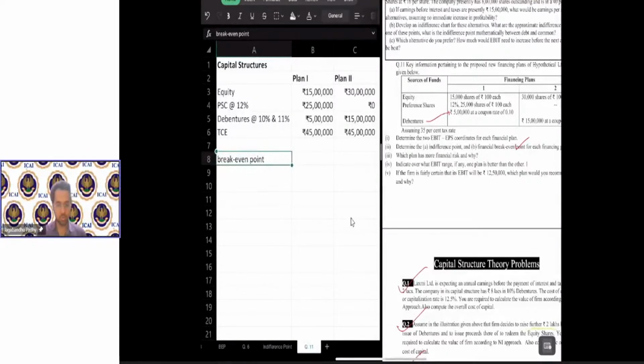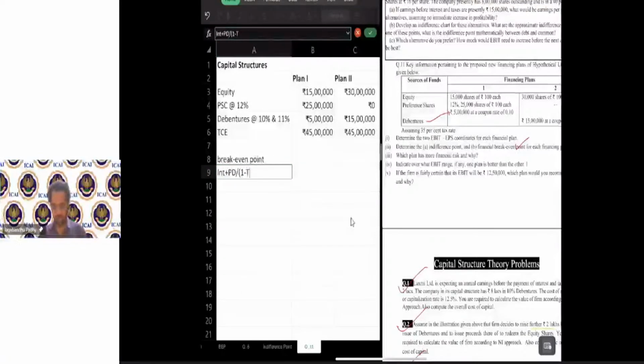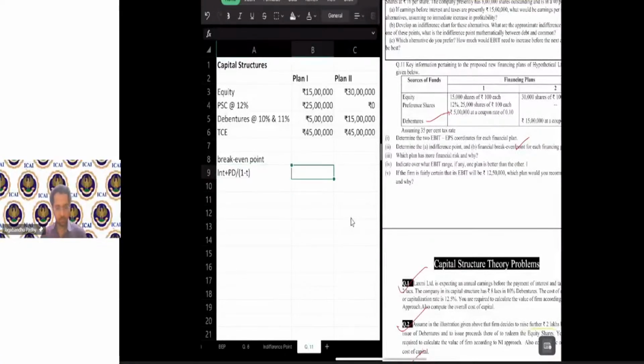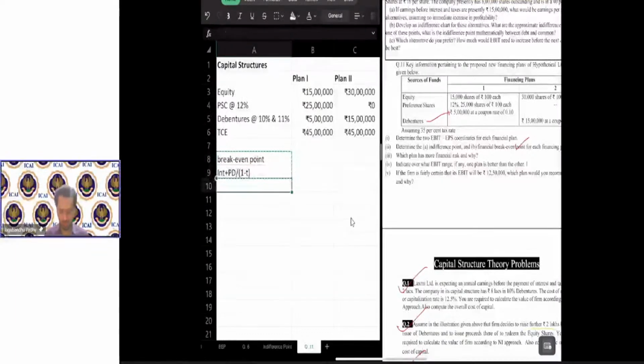Right, so break-even point is to be computed. As per the formula, break-even point is computed as interest plus preference dividend divided by 1 minus the tax rate. Over here, we need to compute the interest and also the preference dividend.